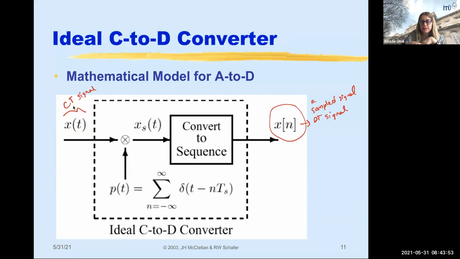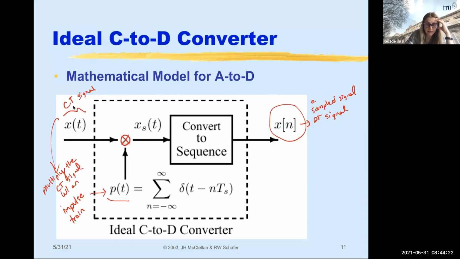Last time we said actually we can do this mathematically with an ideal model through actually a function called an impulse train. So we multiply the signal, multiply the continuous time signal. You see here it's a multiplication with an impulse train signal, this guy.